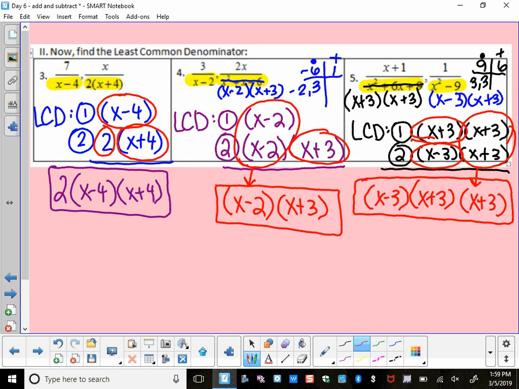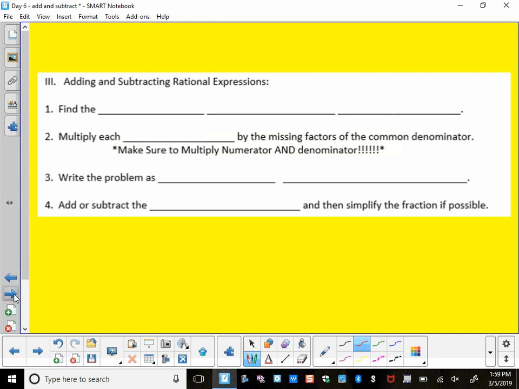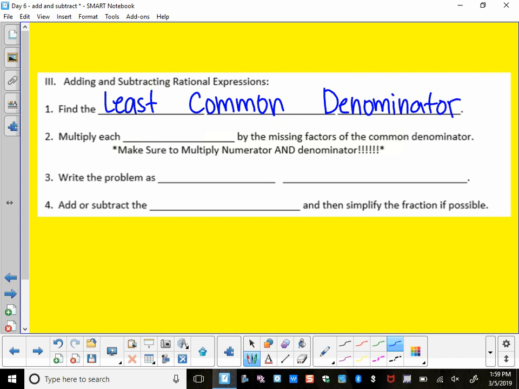Any questions with that? All right, let's fill this in. Here are my rules. First, you want to find the least common denominator. Step 2 says you want to multiply each fraction by the missing factors of the common denominator.